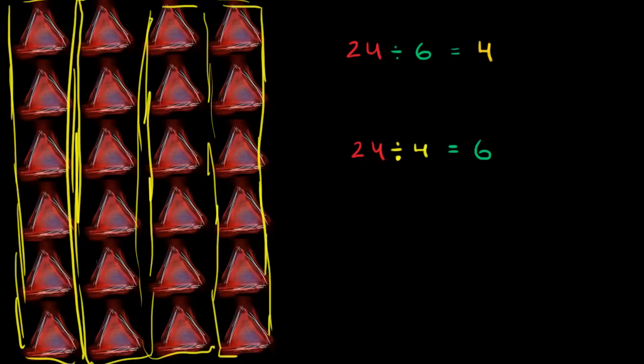And that's because I could view this as 4 groups of 6, or say that 4 times 6 is equal to 24, or you could equivalently say that 6 times 4 is 24.